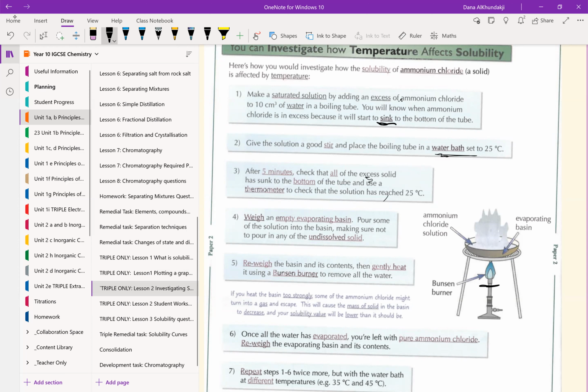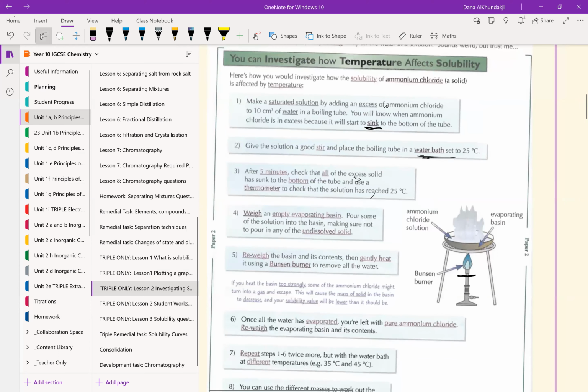And then if you stop and look at these steps, basically you're going to weigh an empty evaporating basin. You're going to pour some of the solution in it, and this is basically just the water. And then you're going to reweigh it after heating it.